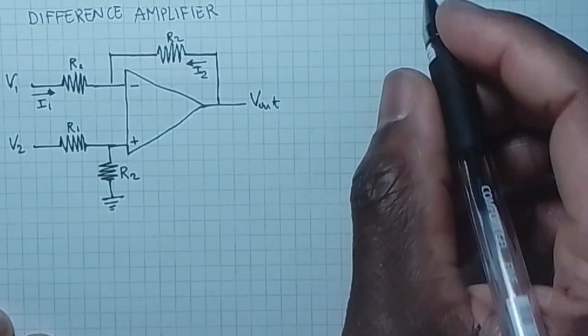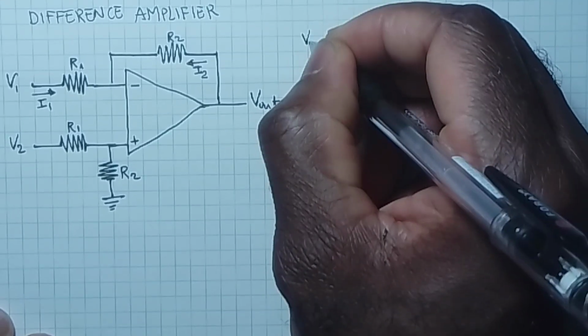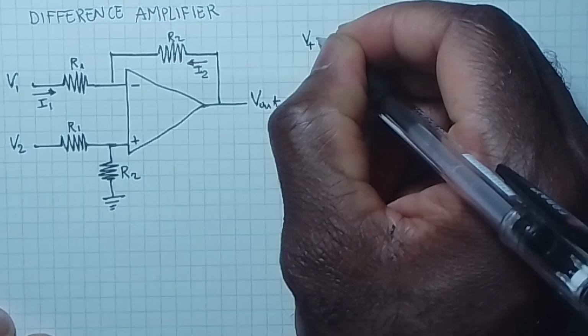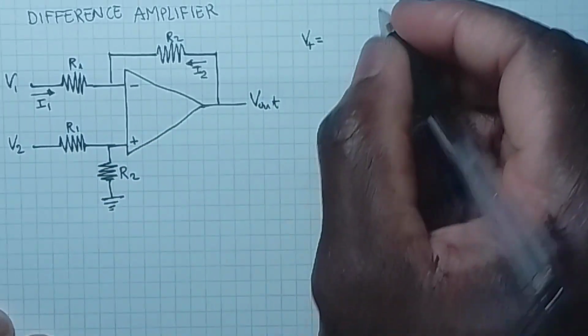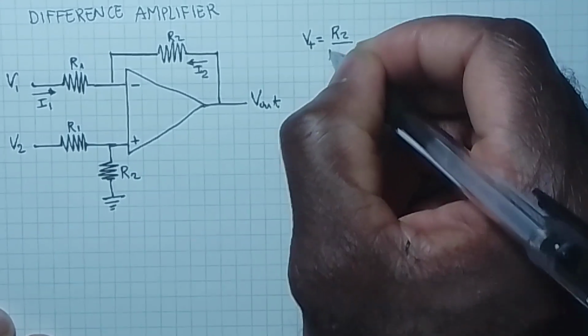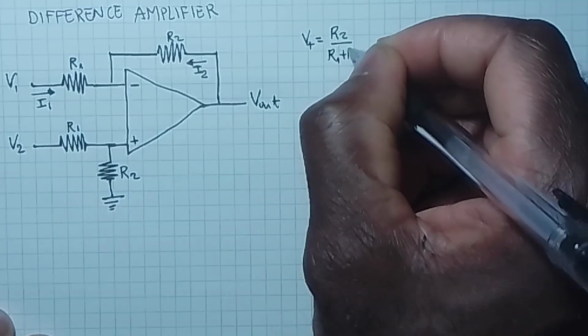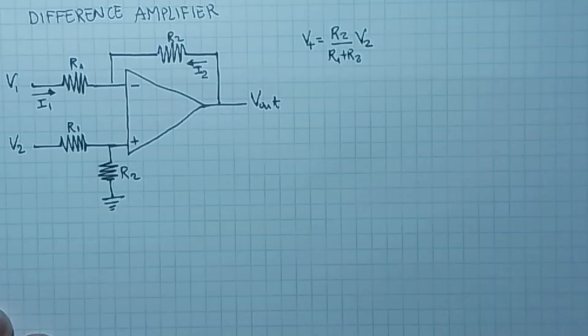So we have the V plus will be equal to R2 over R1 plus R2 times V2.